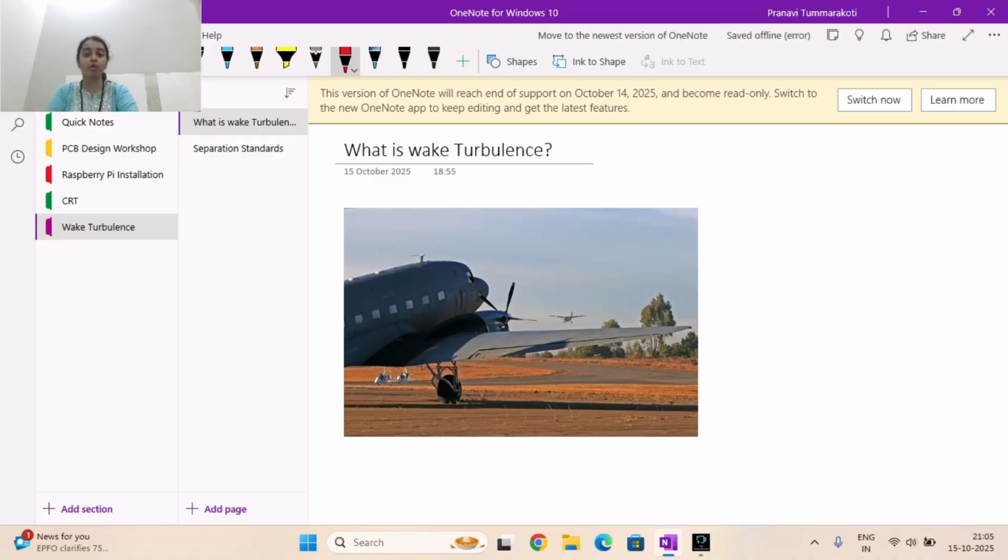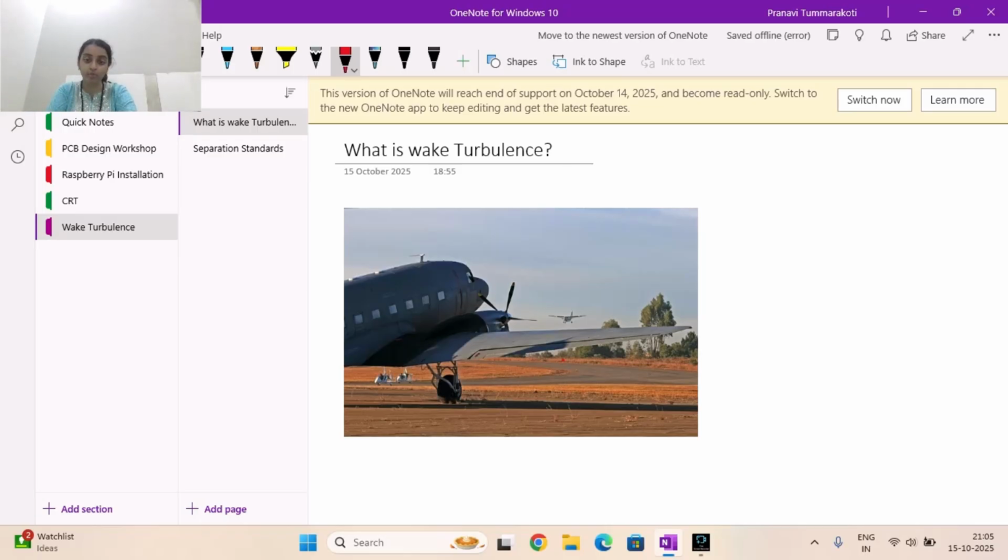And as we know from basic physics, air pressure is less on top of the wing and high below the wing. And also the air moves from a high pressure area to a low pressure area.